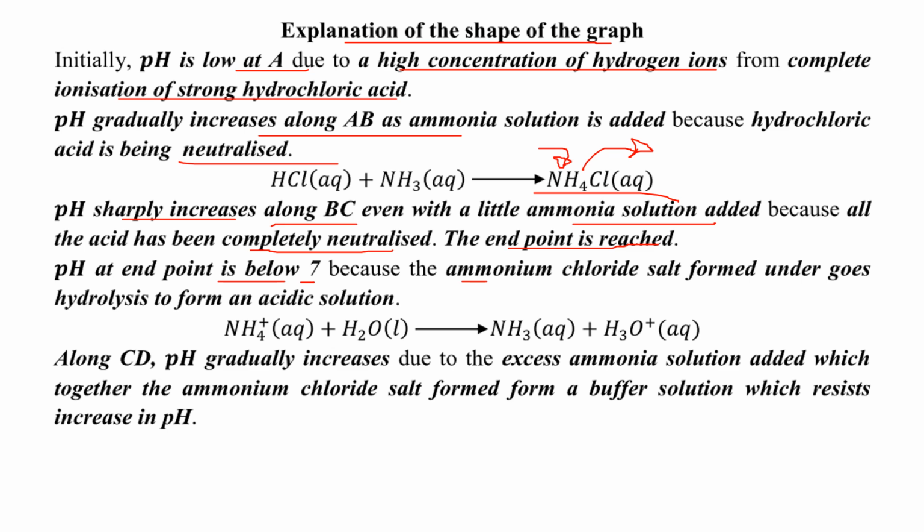And why is it below 7? Because the ammonium chloride salt that we are forming fully ionizes in solution, forming ammonium ions. Now the ammonium ions formed undergo what we call cationic hydrolysis. And whenever we undergo cationic hydrolysis, we form acidic solutions.